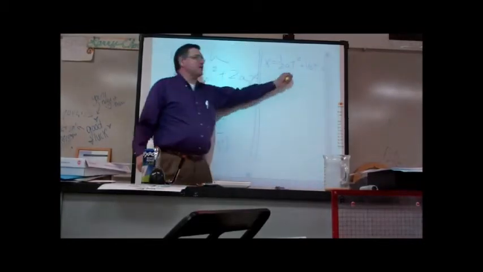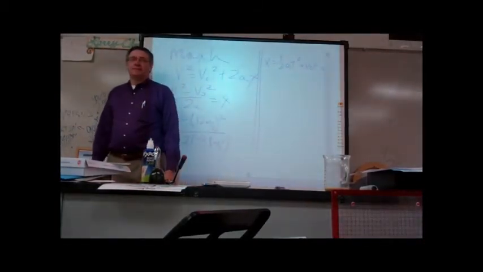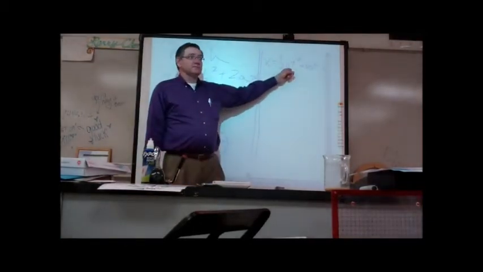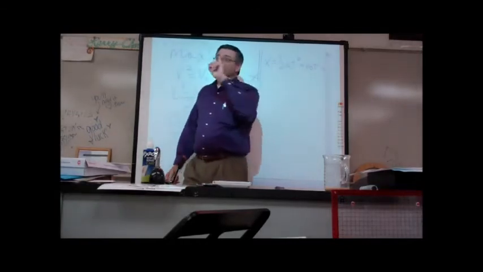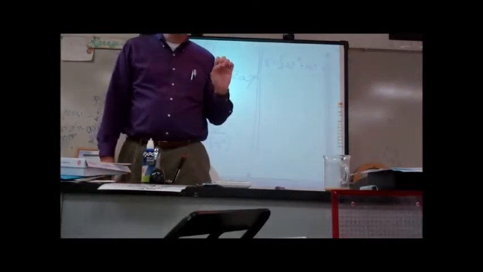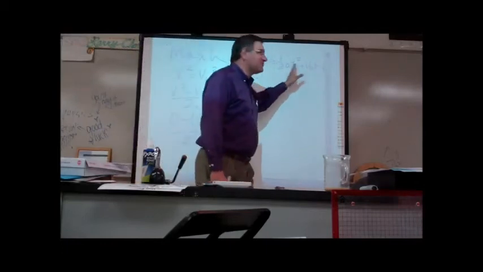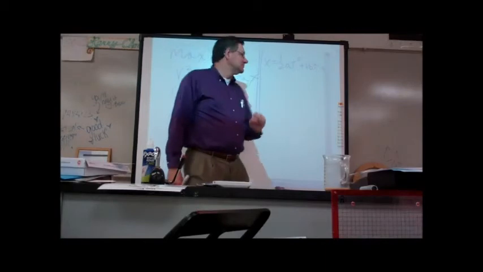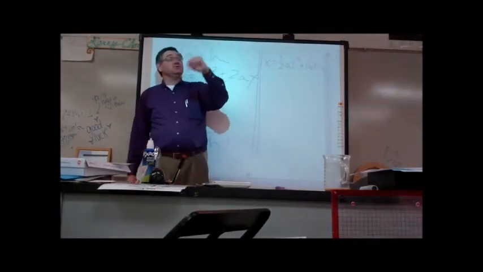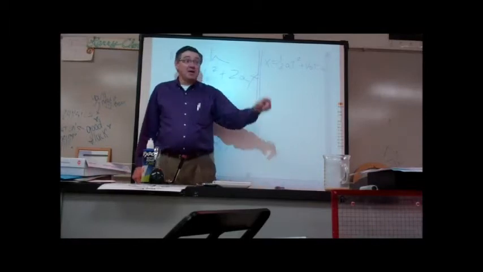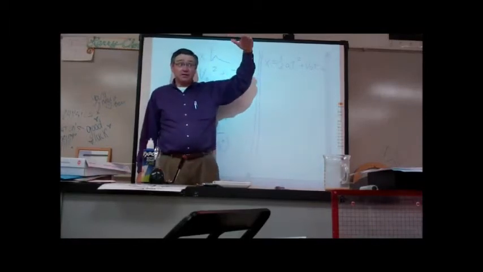Could I use this equation to find the maximum height? Yes, I could. Do I know my acceleration? Yes. Now, but here's the kicker. What value of time do I use? If I put in 0 for time, what am I going to get? 0. 1.22, why? Yeah, that's when it reaches maximum height, right?